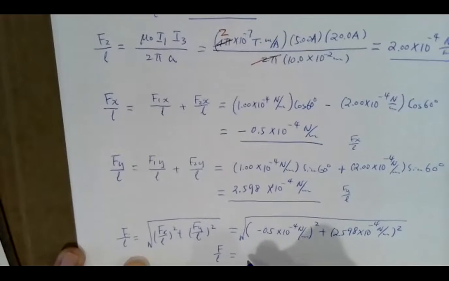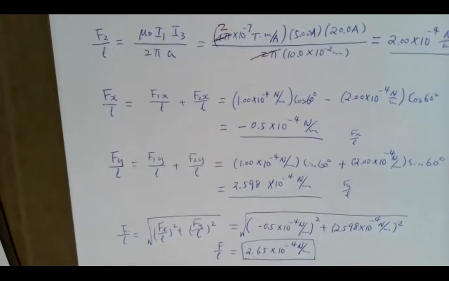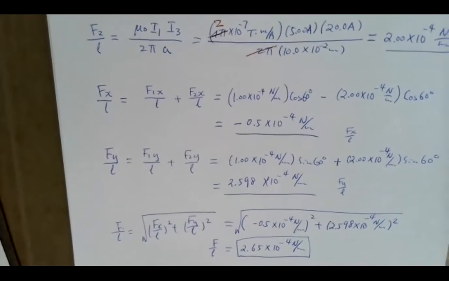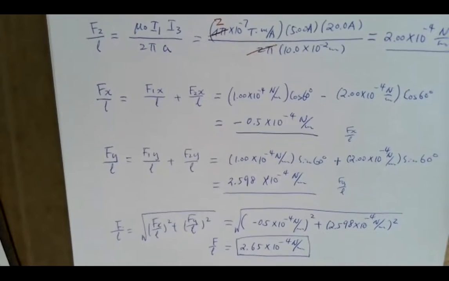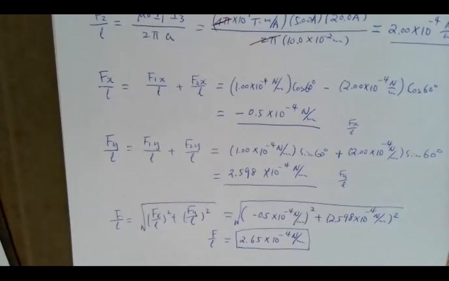That will give you your magnitude equals 2.65 times 10 to the minus 4 newtons per meter. So magnetic force actually is a pretty small force. You can see it's not a big force. It's 10 to the minus 4, for wires in the range of like 10 centimeters away.